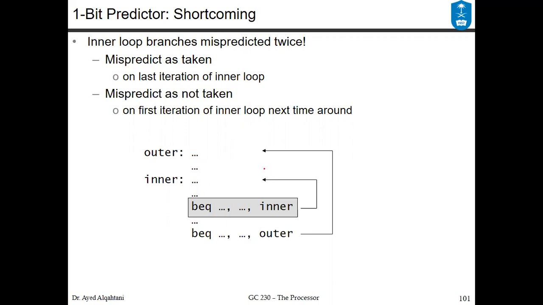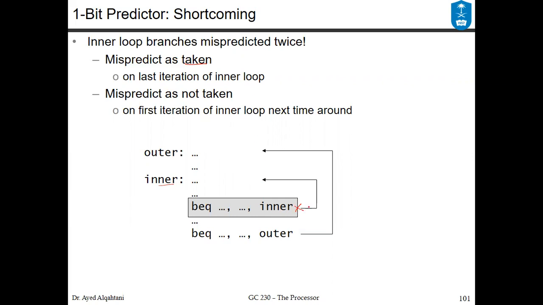So this is the inner loop, you go this way, and in the last one, you think that you are going back again to this label, but it's not taken. So you predict it as taken, but the actual is not taken. So that's the first misprediction, on the last iteration of the inner loop.